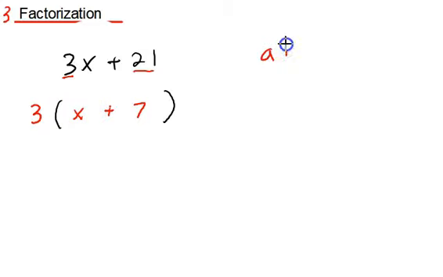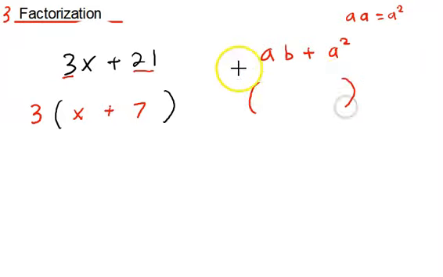For example, now I will involve the algebra. Example, now you have ab plus a square. A square here means you have the a and a. So when we expand this, we just have to remove the a. So here we have b plus a, because here we only remove one a.